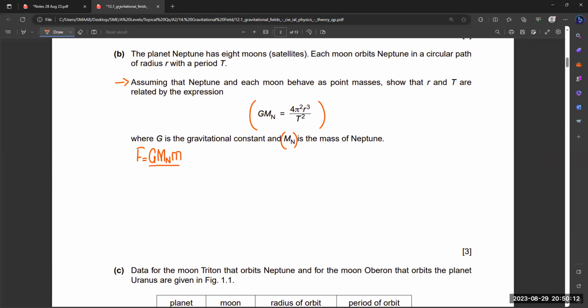Yes. Over r square, because this time we need to solve the derivation also. And if you remember one thing, we are talking about circular motion also, because the moon revolves around the planet Neptune, right? So this is our first equation.